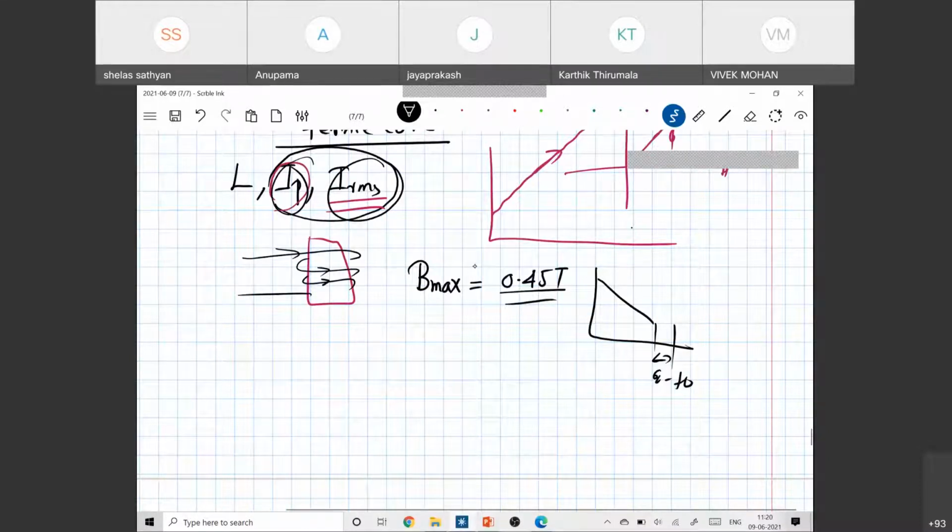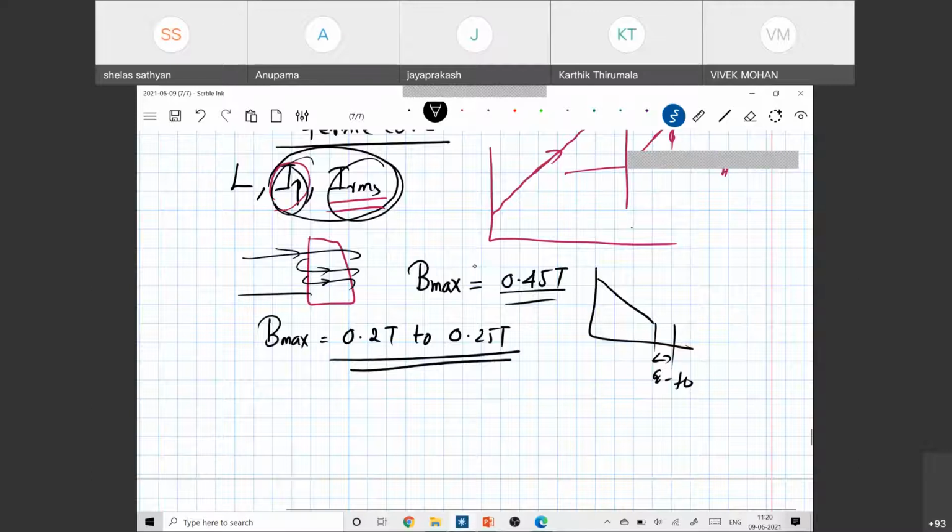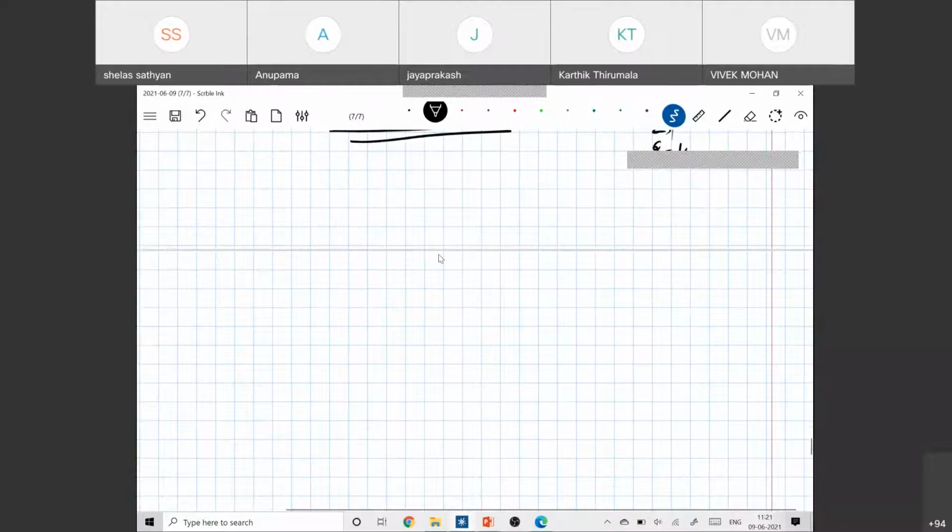As a rule of thumb, one of the good selections is to select Bmax in the range of 0.2 to 0.25 Tesla. Even though you can operate up to 0.45, it is better to operate at 0.2 to 0.25, considering the temperature limit. So based on all these things, we could select our core.